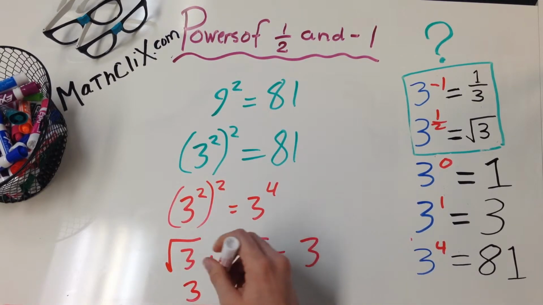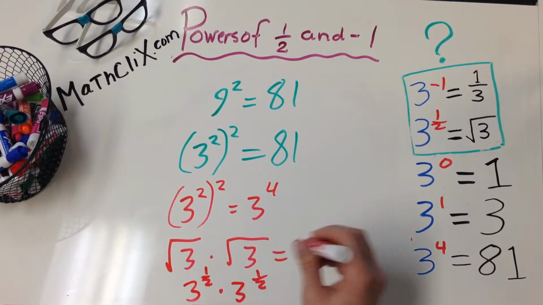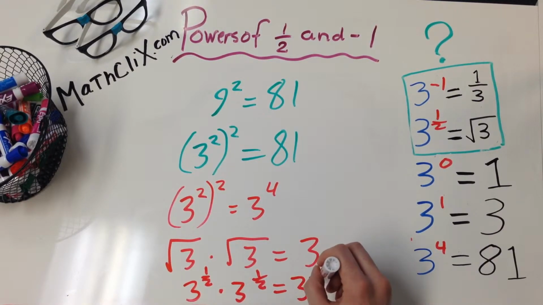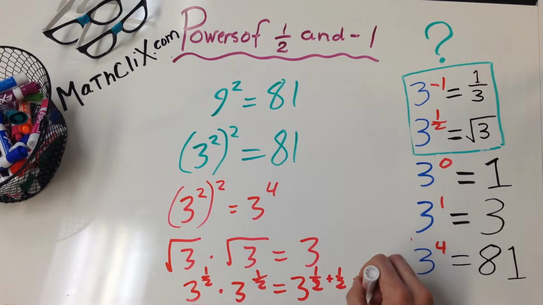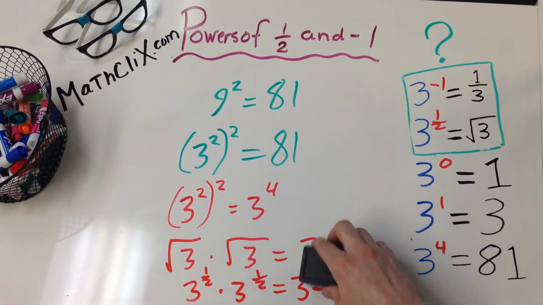So this is really 3 to the 1/2 times 3 to the 1/2, which equals 3 to 1/2 plus 1/2, which equals 3 to the 1.